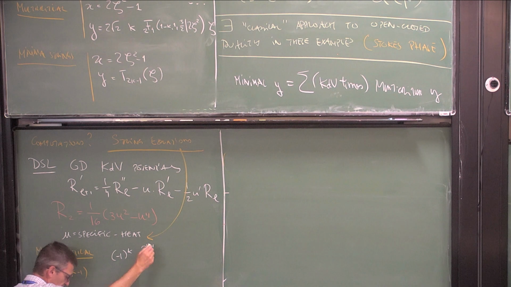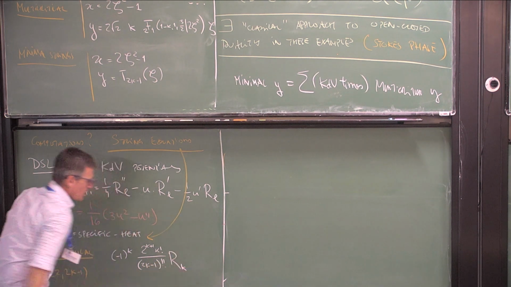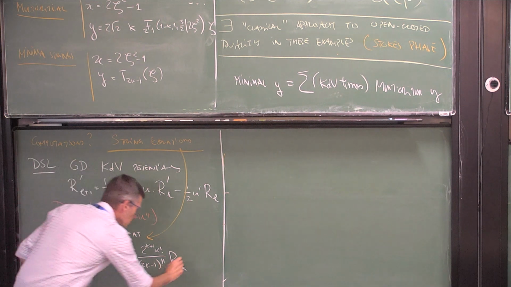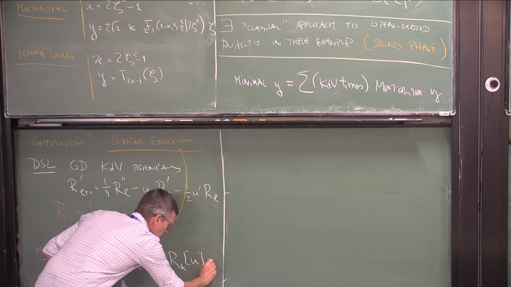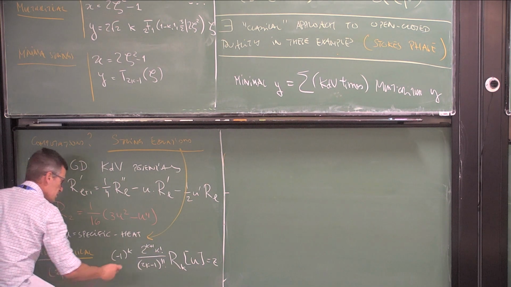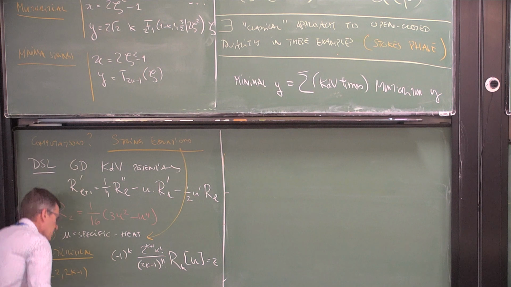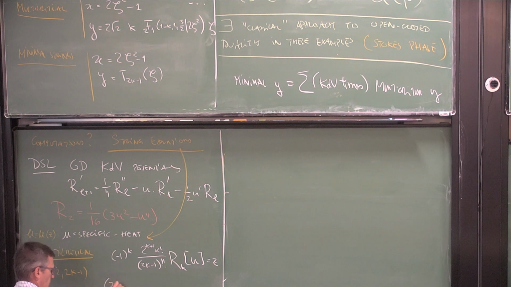There's some normalization here. I could have ignored it, but let me write the correct formula just for the sake of it. And then there's the R_k Gelfand-Dickey KdV polynomial on U equal to Z. The specific heat U is a function of Z. So if I just consider the 2,3 case, this, of course, gives you the Painlevé I equation.